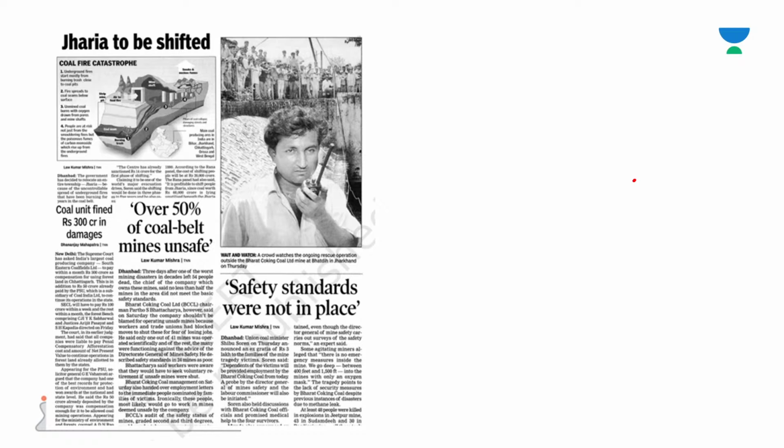Now, friends, the effects of mining or hazards of mining. There are newspaper cuttings like a coal unit fined rupees 300 crore for damages, related to the safety of the coal mines.